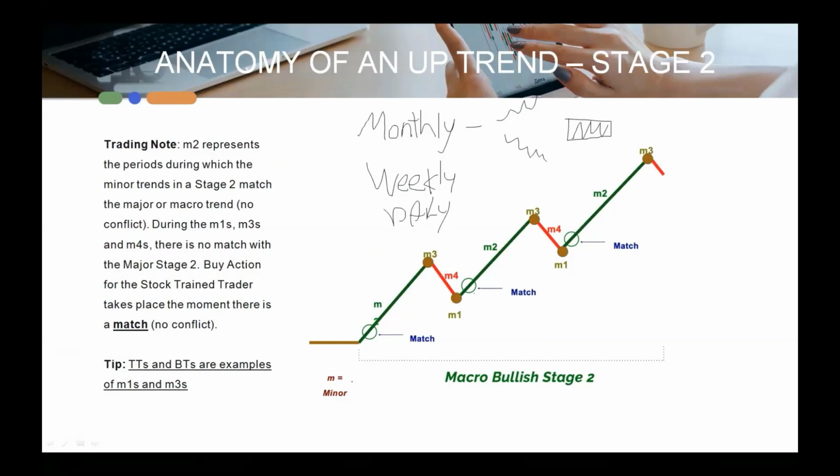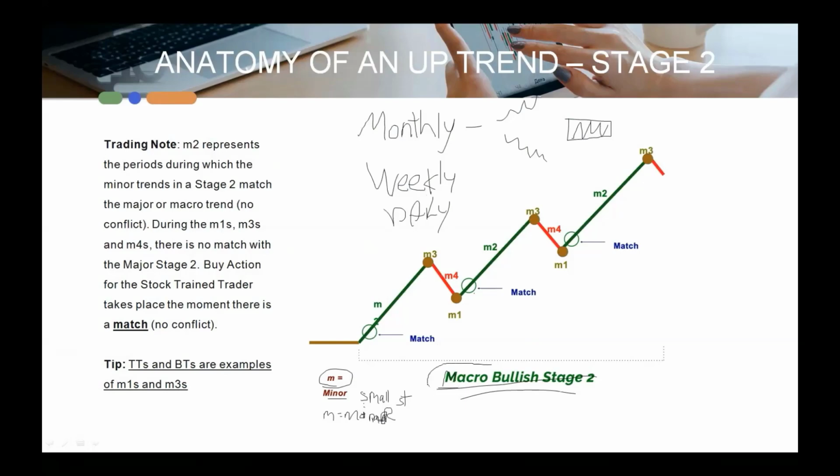Anytime that you see a small m, that is going to stand for lowercase m, the minor time frame stage. Minor, which is going to be the small time frame, the low or small time frame stages. Anytime that you see a big uppercase M, that is going to be the macro stage. So minor m, big M.